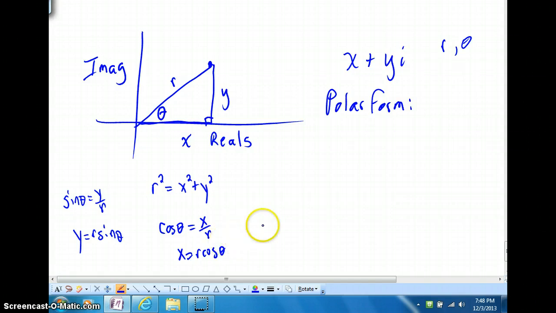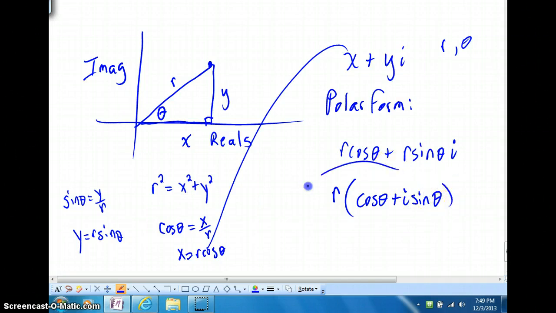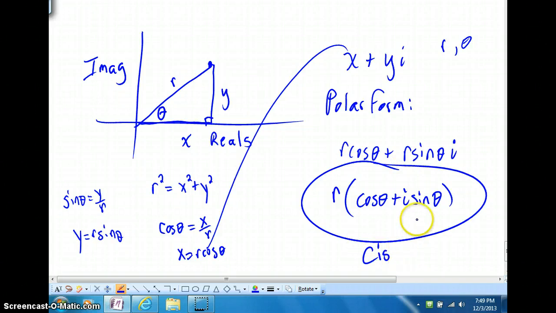Well, let's go ahead and see if we could fit that in. If x is r cosine of theta, and y is r sine of theta, and we can keep our imaginary component over here just for the moment, how about we factor out r, and then we will have what's known as cis notation. We'll put the i out in front. And this is the polar form of a complex number called cis notation. We're going to be able to use this idea a lot in the future. We'll be picking up again in video number 2.